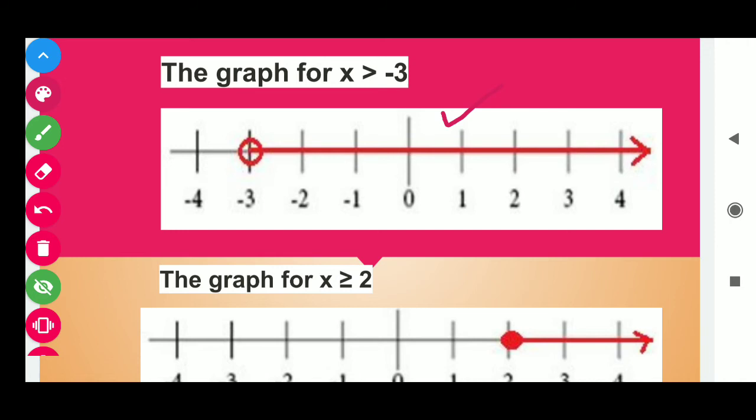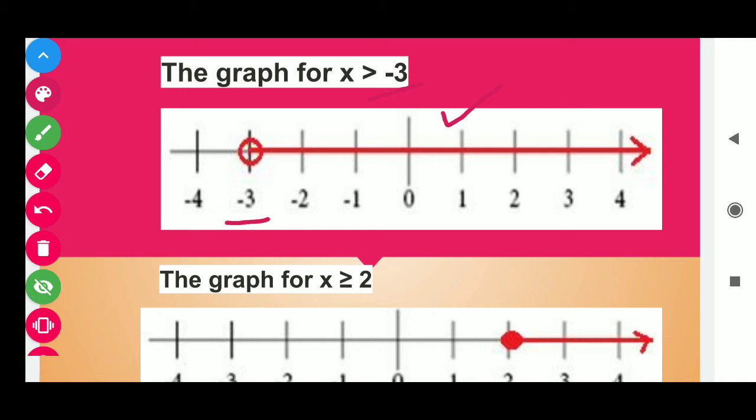We have to represent x greater than minus 3 on the number line. Number line means real line. You can see here I have made a real line and plotted the points that are necessary. Here we have to show point minus 3, and the nearby values you will plot: minus 2, minus 1, 0, 1, 2, 3, 4, that is up to infinity.